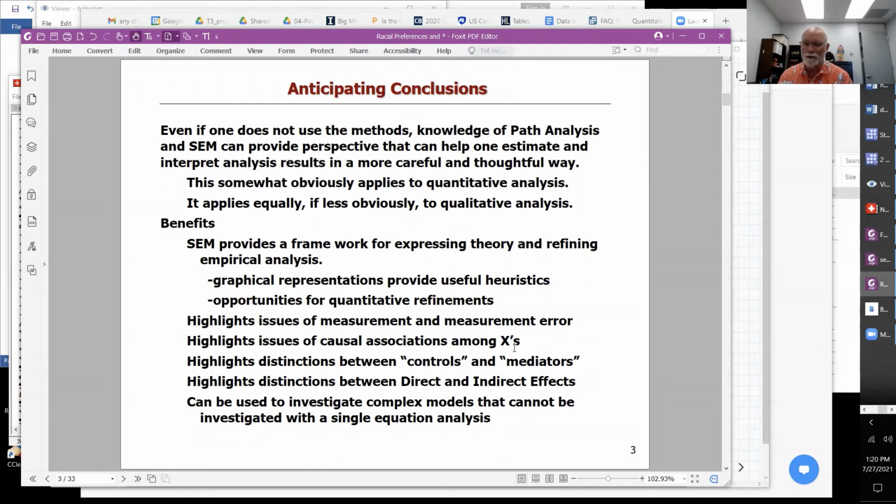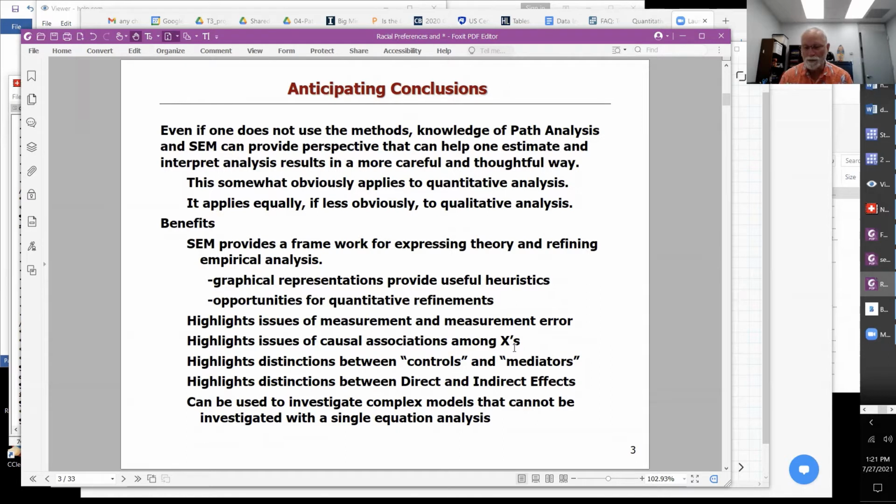Well, all variables that are involved and have associations with the x in question and the y in question are not necessarily control variables. Some of them may be mediators, and then it's a choice as to whether you should or should not include them in a particular regression equation. If you include them, it changes the kind of effect that you would estimate for the other x's. If you omit them, it changes the effect that you would estimate.